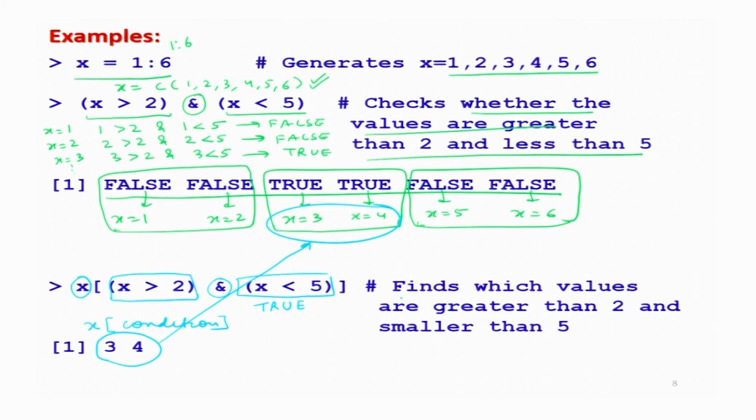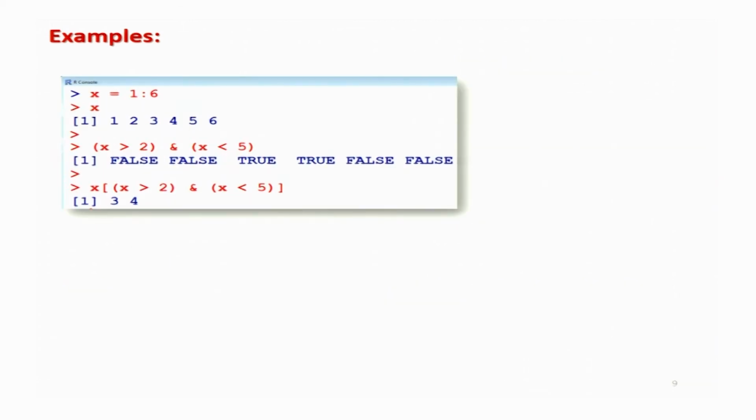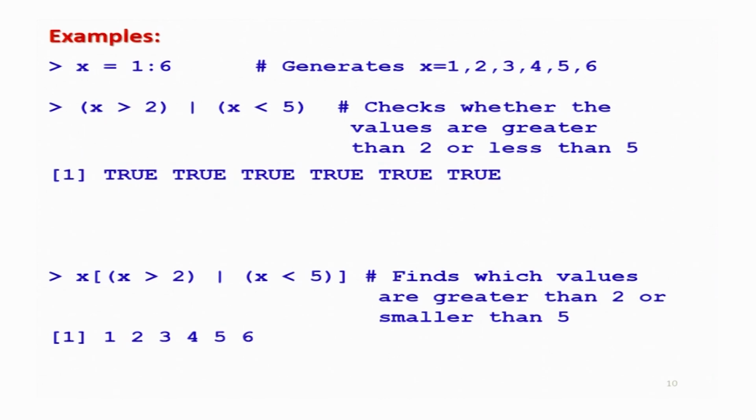For example, this finds out which values are greater than 2 and smaller than 5. This is how it actually works, and this is the screenshot. Now, let me first repeat this example with the OR operator, and after that I will show it on the R console also.